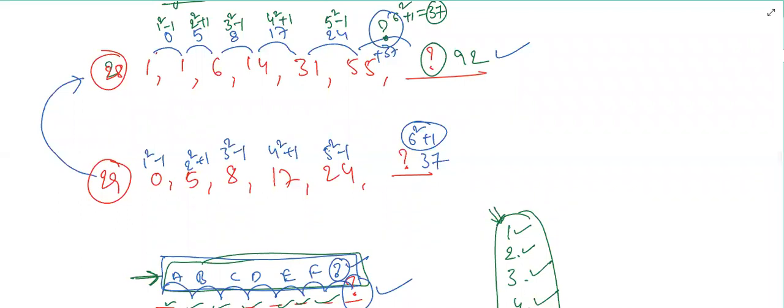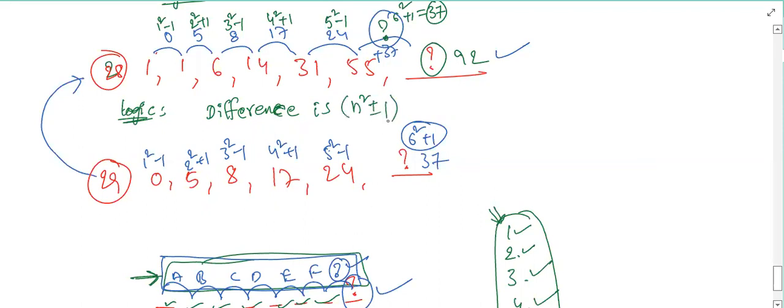Let us write the logic for these two questions also. Question number 28 logic is: the difference is n square plus or minus 1, where n is 1, 2, 3, 4, 5, 6, 7, natural numbers only.